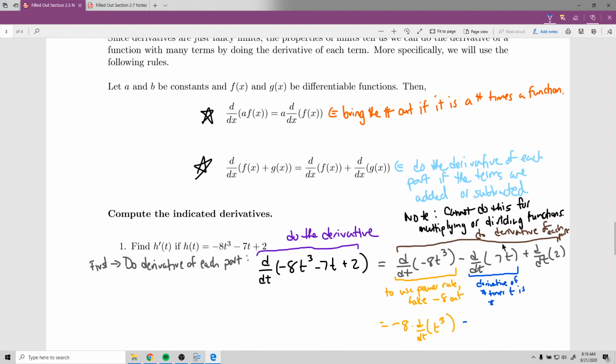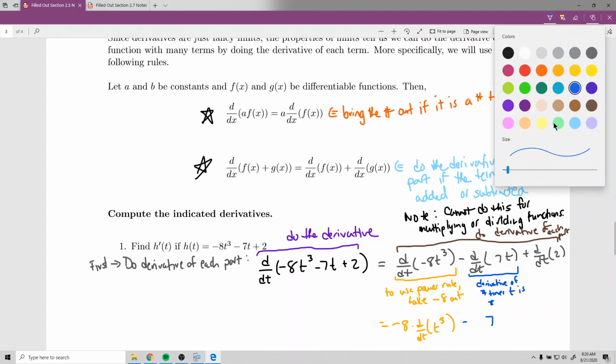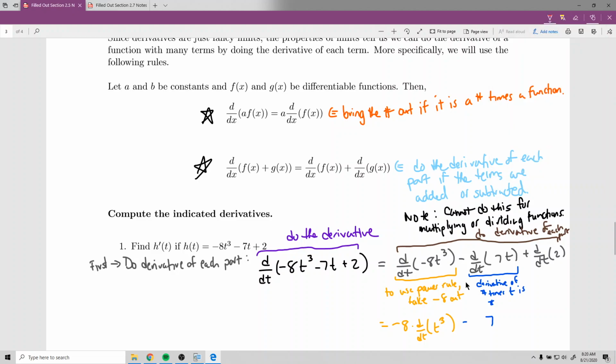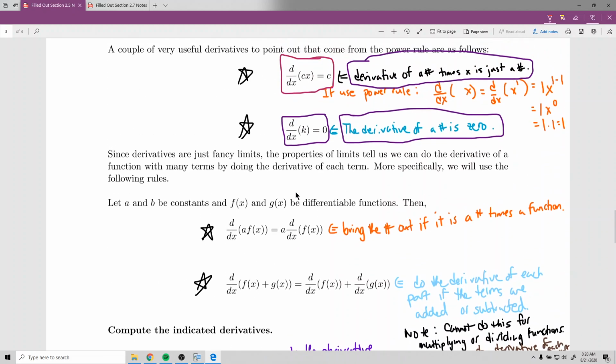Right, so when you do the derivative, you get rid of the derivative symbol and we replace it with what the derivative is, which is 7. Right, the derivative of 7t is 7. All right, once again, I just brought the minus sign down. That's why the minus is there. For the last one, I'm going to bring the plus down, and then this says do the derivative of 2, which is just a number.